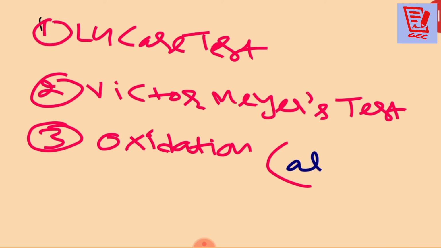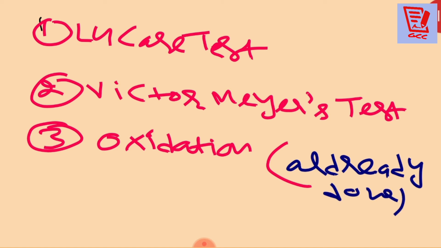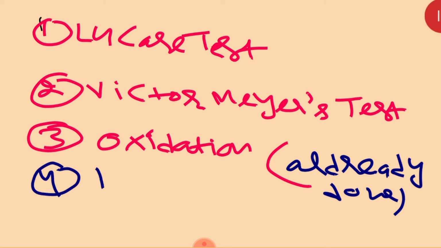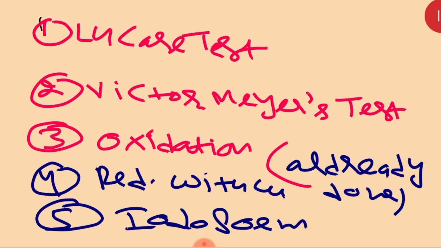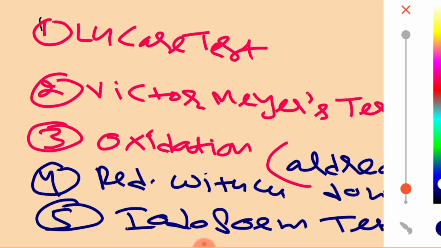By that we can distinguish between primary, secondary and tertiary alcohol. Then reduction with the copper metal. Then the last one is the iodoform test, which is very important.